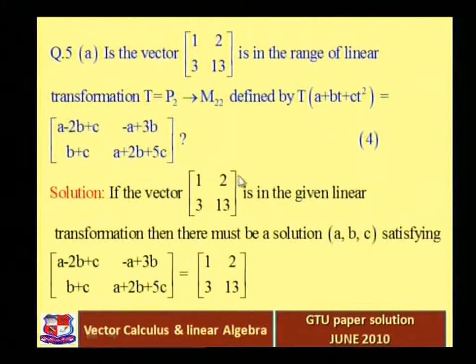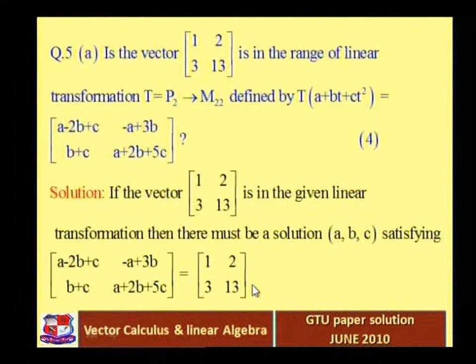If the vector [1 2; 3 13] is in the range of the given linear transformation, then there must be a solution A, B, C satisfying [A minus 2B plus C, minus A plus 3B; B plus C, A plus 2B plus 5C] equal to [1 2; 3 13].